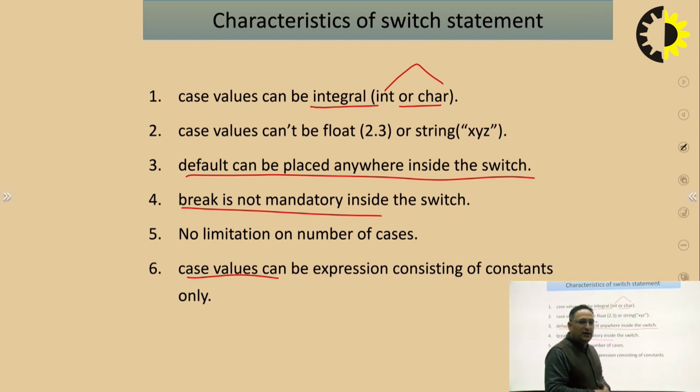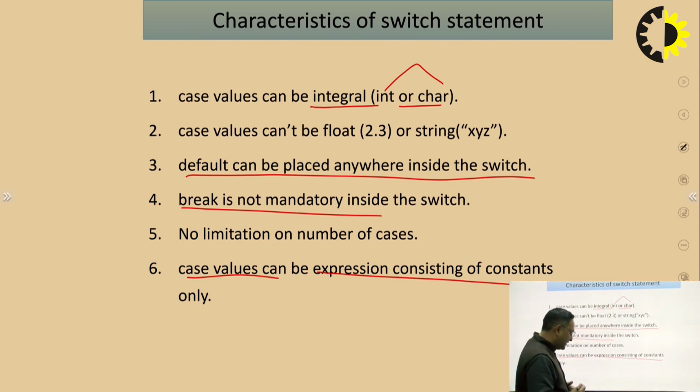So again, it's a very self-explanatory statement: after evaluation of the expression of those constants, you will get a value, and if the expression matches the case value, then that piece of code gets executed. So this line is talking about that, right?